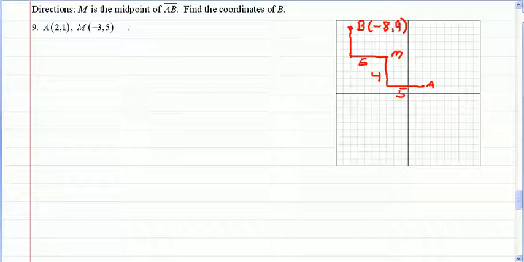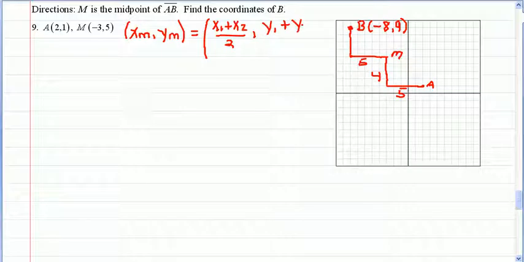So I'll start by writing the formula. X sub m, y sub m represents the midpoint, and it's equal to the x's added together and then the y's added together, both divided by 2. And point A is x1, y1. Point M is x sub m, y sub m.